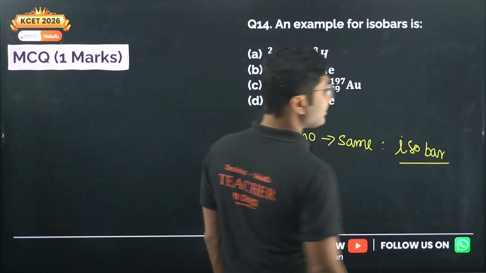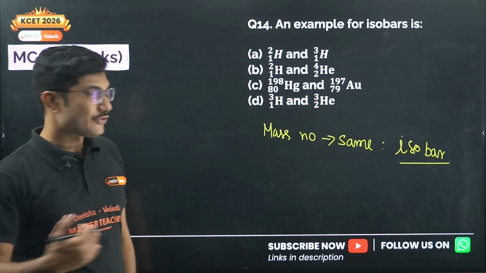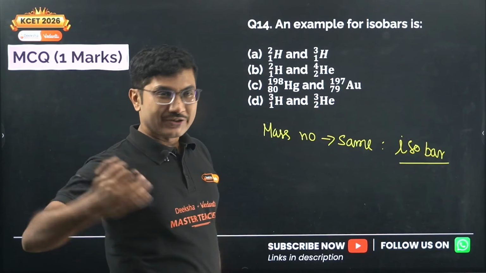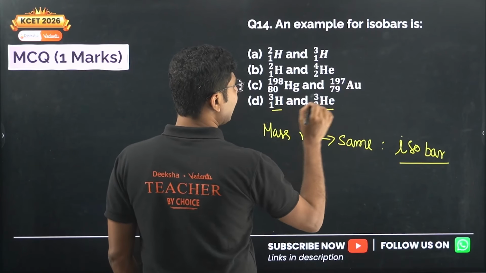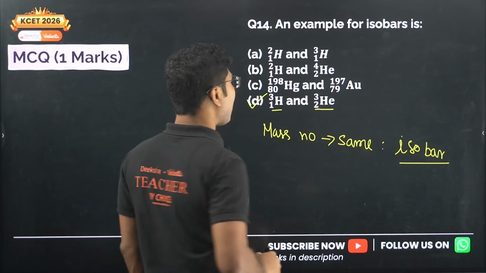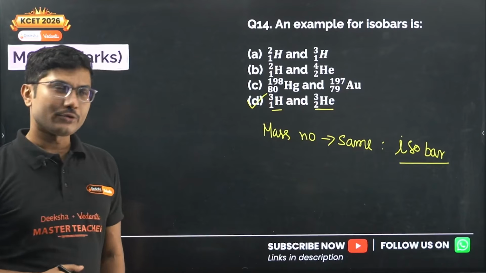So this question is more common in chemistry, but this question is added in your physics model question paper. So from here you can say hydrogen 3 and helium 3 are isobars. So they are called isobars.